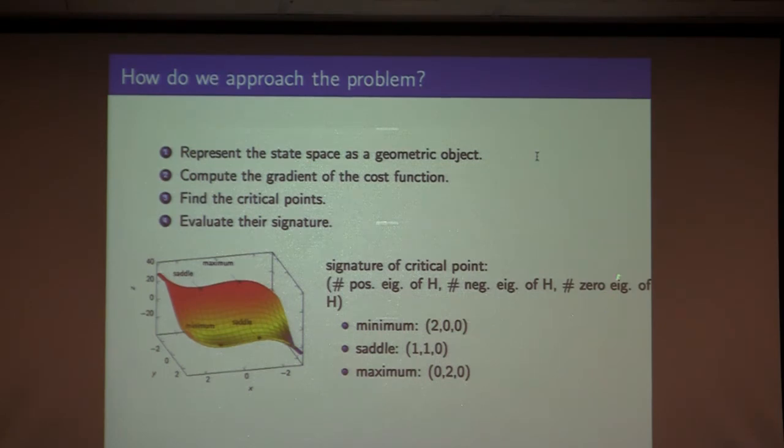If you have no zero eigenvalues at a critical point, you say that the critical point is not degenerate. For example, a minimum has a signature of (2, 0, 0): two positive eigenvalues for the Hessian. Think of x squared plus y squared at 0, two positive eigenvalues. A saddle will have a mixed signature. A maximum will have all eigenvalues negative. Okay, so these are the signatures of the critical points for this example.